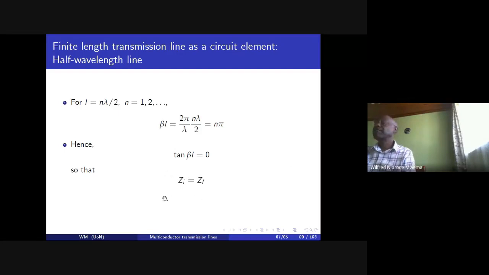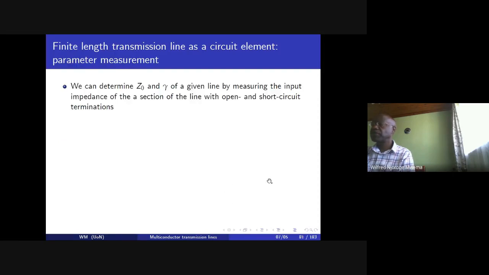And we see that Zi will exactly be equal to ZL. That is, the line is transparent. As far as the generator is concerned, as long as the line length is lambda by 2 or an integer multiple thereof, it will always see the load as it is. That is, there's no transformation of that load.